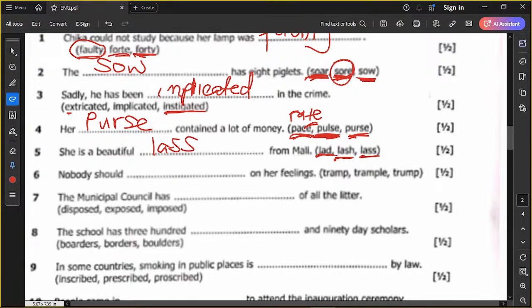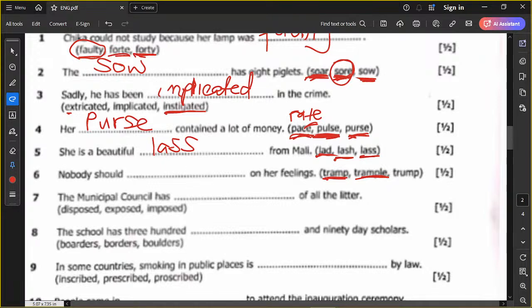We come to question 6. Question 6. Nobody should dash on her feelings. Okay, so we have got three words there. We have got tramp, which means homeless, and this one, trample, means stepping on something forcibly, ignoring something or intimidating.